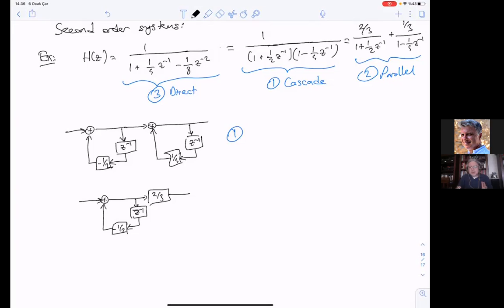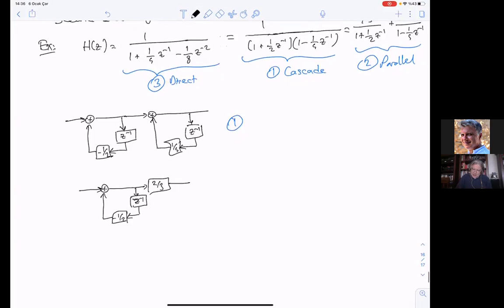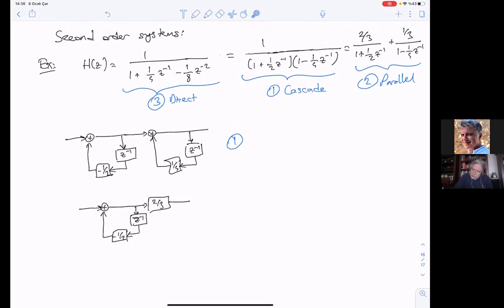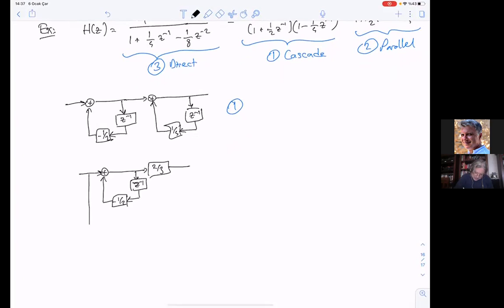This is one branch. And there is another branch which works like this: 1/3 times 1/1 minus 1/4 z inverse. So I'm going to do 1/1 minus 1/4 z inverse with the same input. So I take a branch from the same input and I construct my feedback like this.